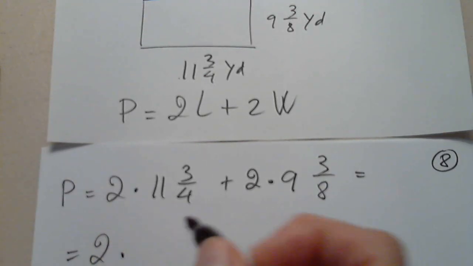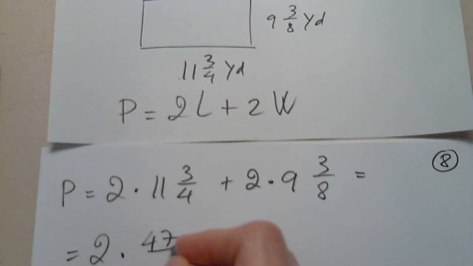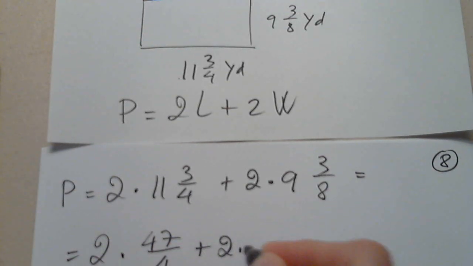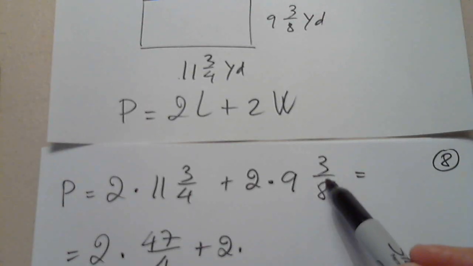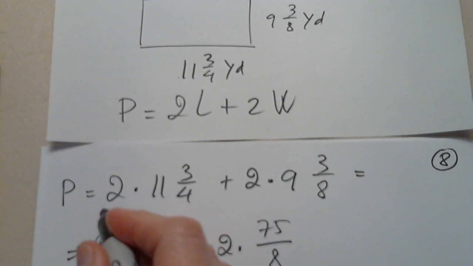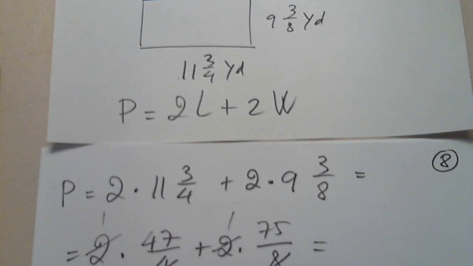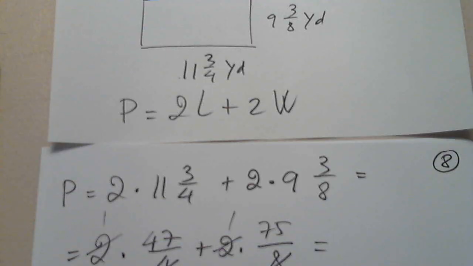So 2 multiplied by 44 plus 3, 47 over 4, plus 2 times 72 plus 3, 75. Do not ever multiply if you can simplify first. And I can. By 2. By 2. 47 over 2 plus 75 over 4.